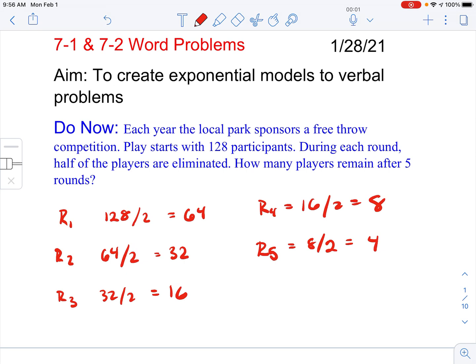So now let's think about what's really happening in this question. We are starting with a certain amount, and we are dividing by 2, but what we need to remember is that dividing by 2 is the same as multiplying by 1/2.